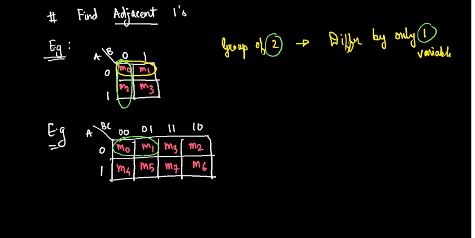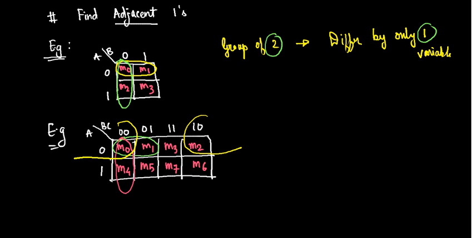Can I make this? See here, if you take any other combination, it will differ in more than one variable. It should differ in only one variable. If you are making a group of 2, it should differ by only one variable. So there are 3 possibilities here.